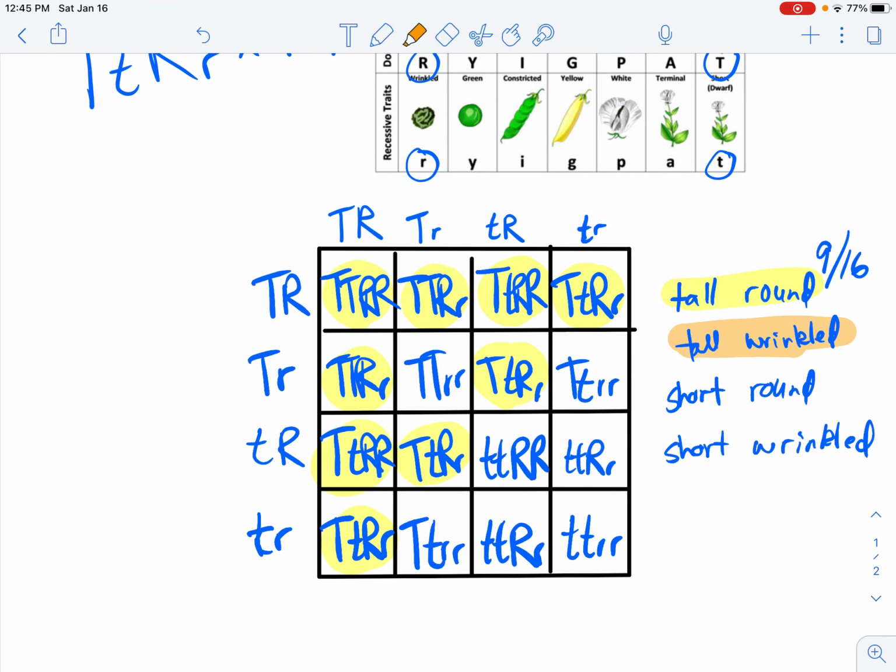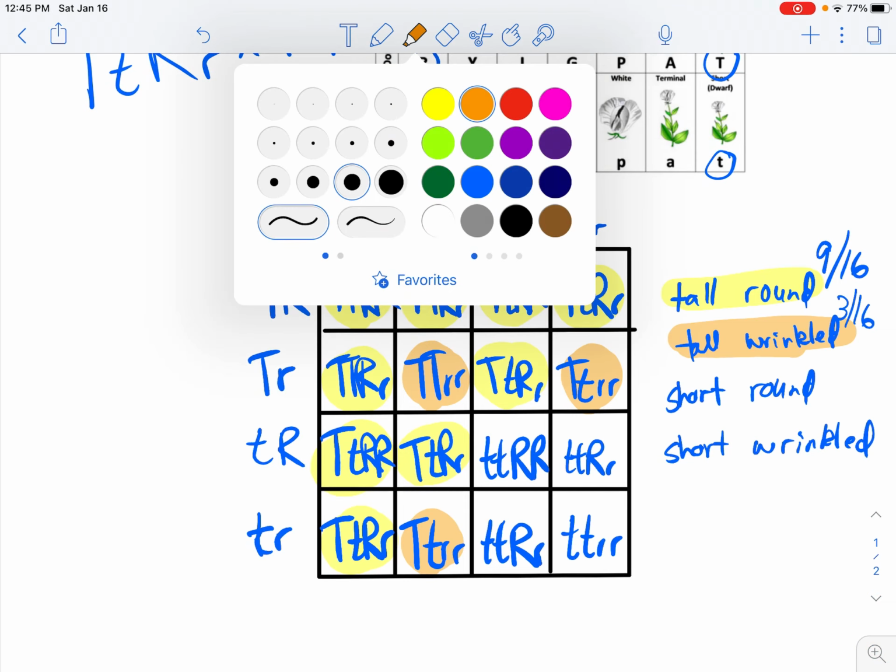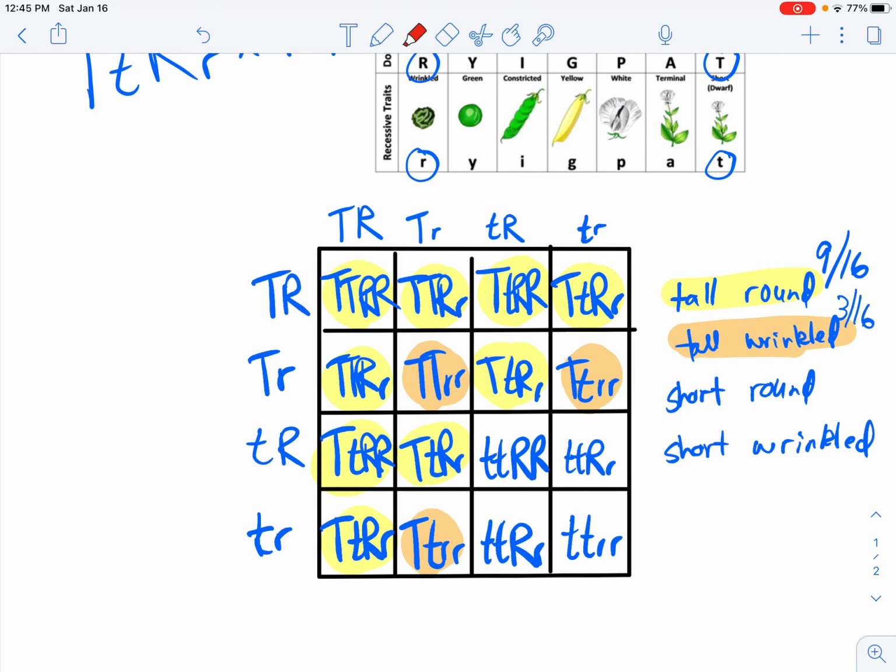Tall and wrinkled would be at least one capital T and both lowercase r's, and that would be 3/16. Short and round would be both lowercase t's and one capital R, 3/16. And short and wrinkled would be lowercase for both. Okay.